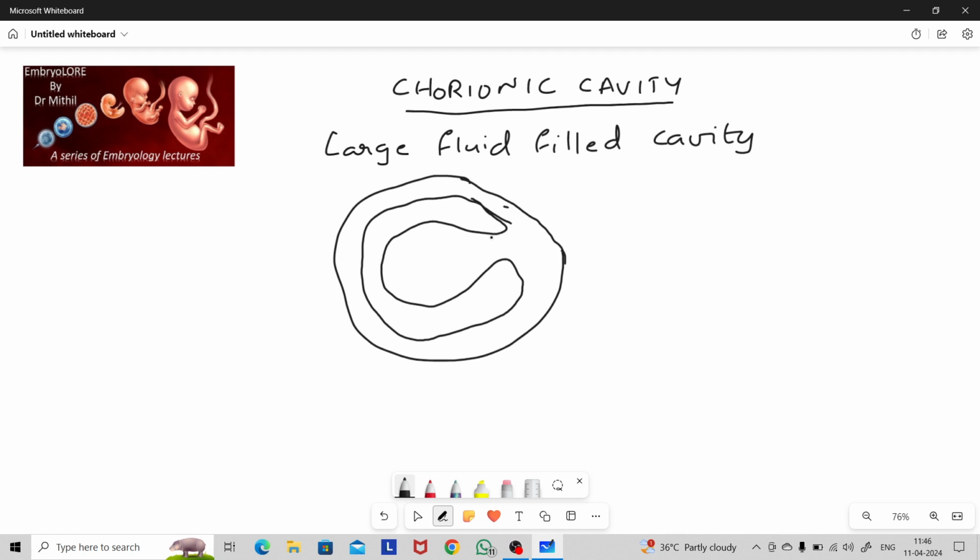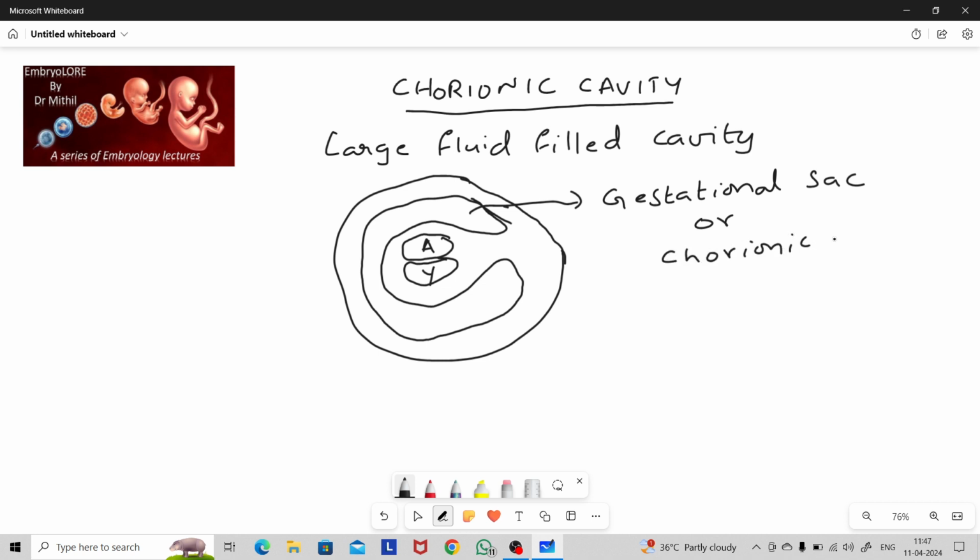Here we see the two layered membrane, that is the amniotic sac, and here is the secondary yolk sac, or simply the yolk sac. Now let us label it. This is the gestational sac or chorionic cavity or extra embryonic coelom.